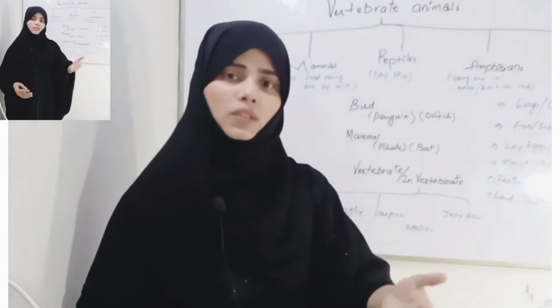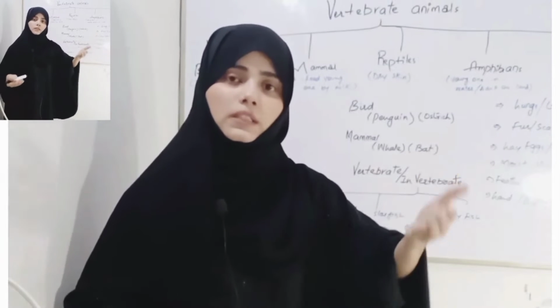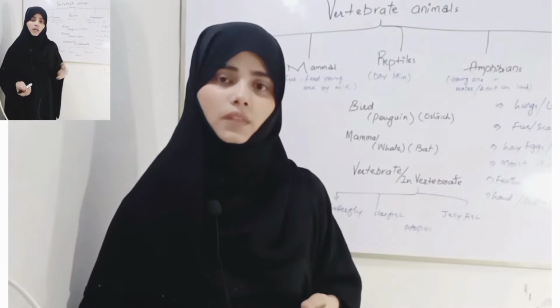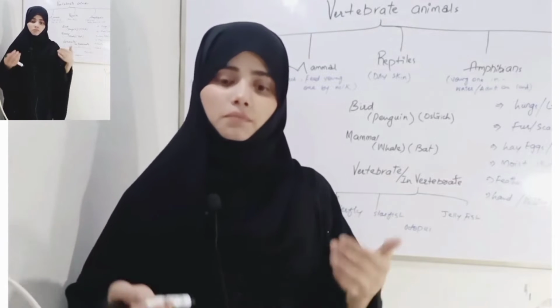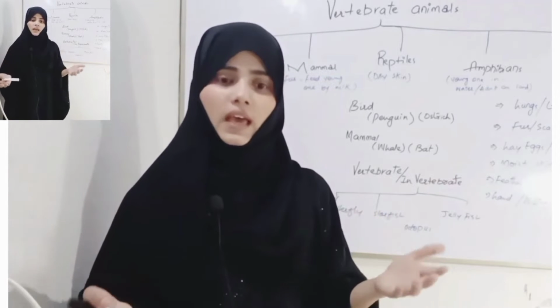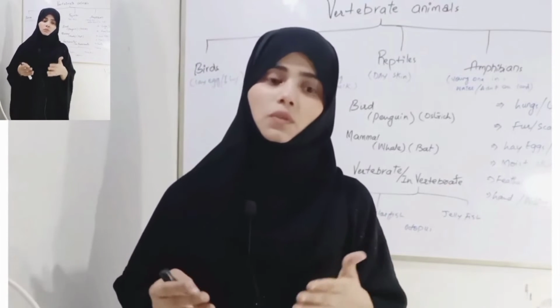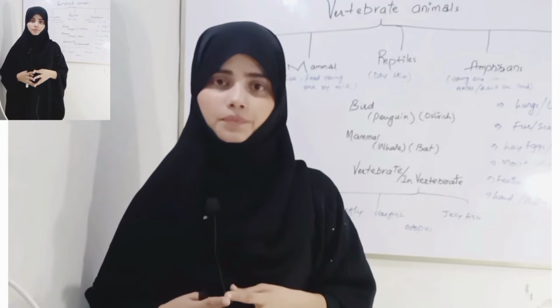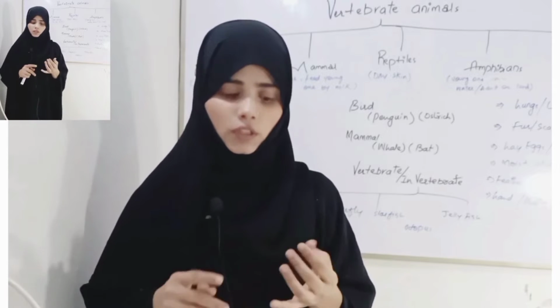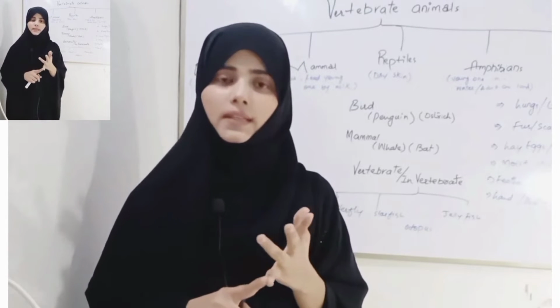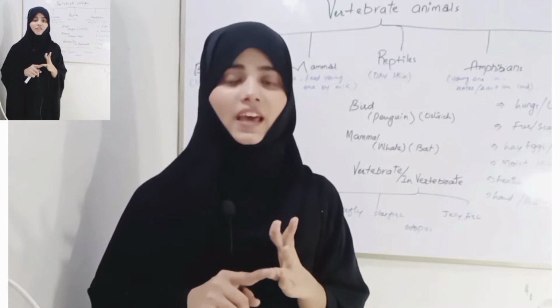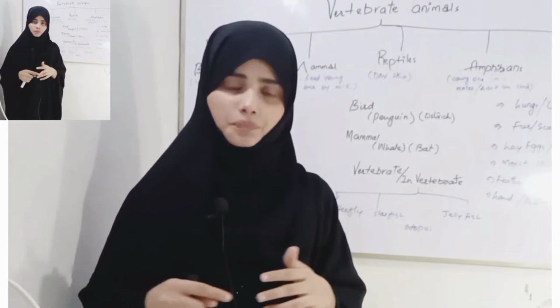Look at goat, cow, camel, these herbivore animals, and bear. What do they have on their body? They have hairs on their body, and that is called fur. So number 1 is lungs, number 2 is they have fur on their bodies.